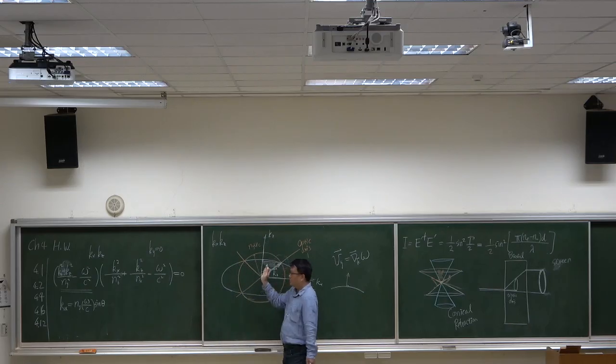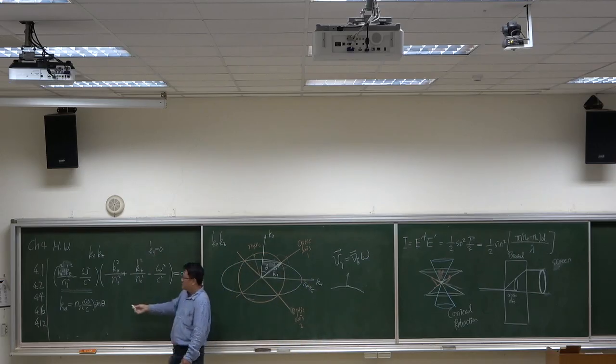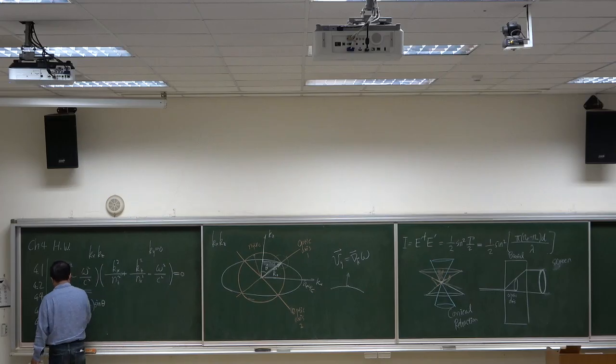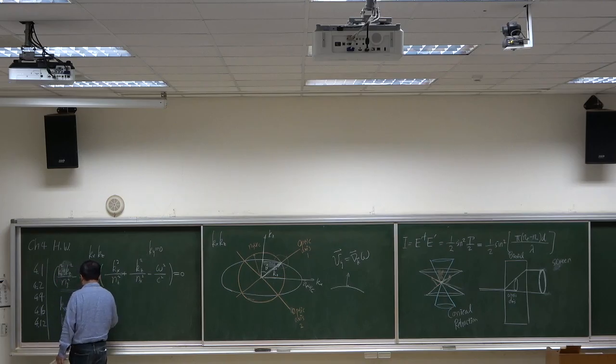This angle is the angle between this vector and the z-axis, not the x-axis. So here we have this sine theta. And k0z is ny omega over c times cosine theta.